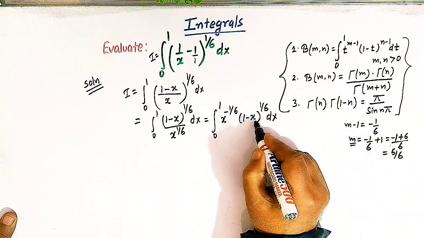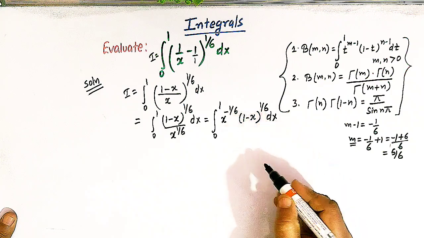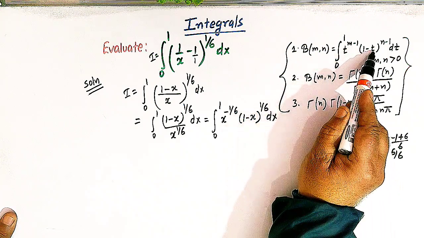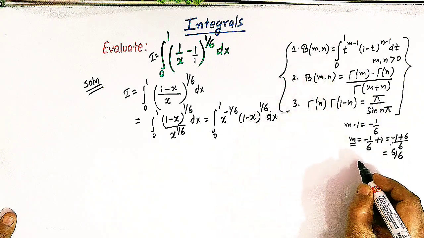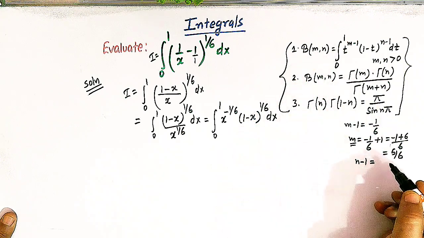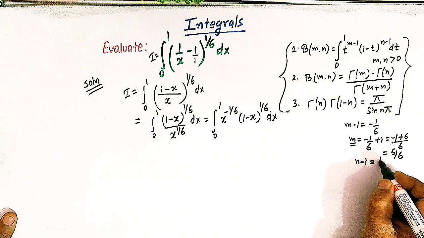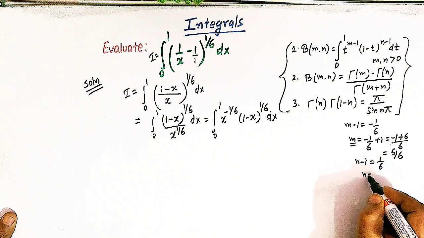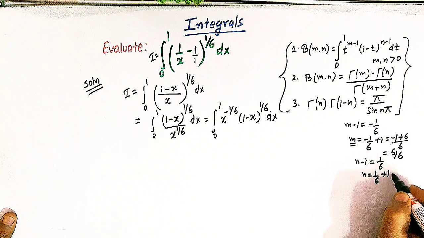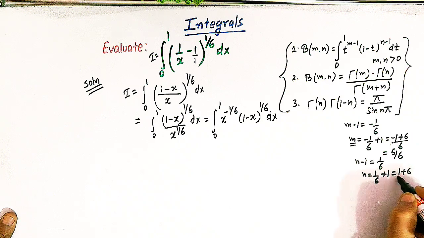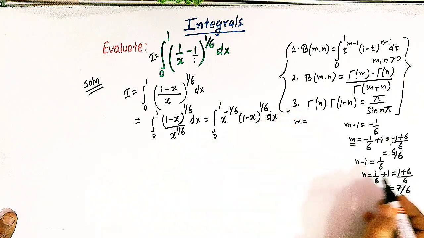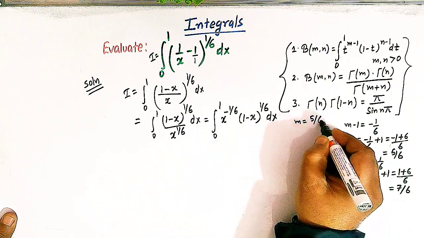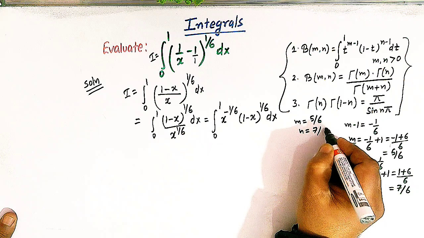Then we have 1 minus x raised to 1 by 6, which corresponds to 1 minus t raised to n minus 1. Comparing the powers, n minus 1 is equal to 1 over 6, so n is 1 over 6 plus 1, that is 1 plus 6 over 6, that is 7 over 6. So now m is equal to 5 over 6, and n is equal to 7 over 6.